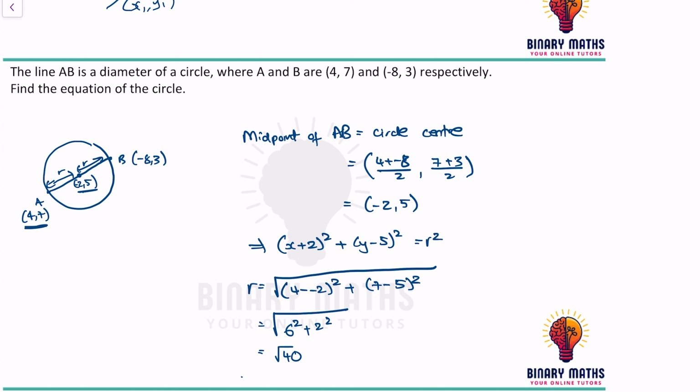Because r is the square root of 40, r squared is equal to 40. So my equation of the circle will be (x plus 2) squared plus (y minus 5) squared equal to 40.